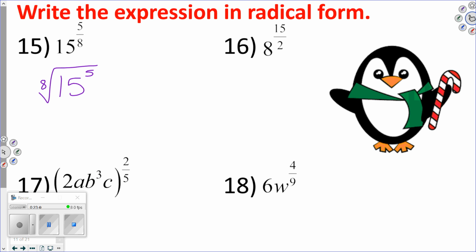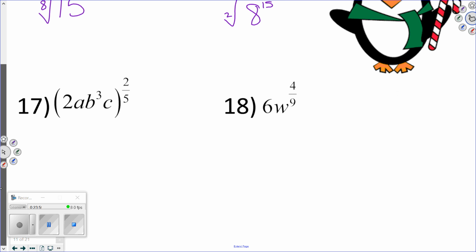You said that perfectly, by the way. Very nice. 16, Paige. Beautiful. Do I have to put the little 2 in there? No. Is it a good idea to maybe make that part of your routine, though? Yeah. You want to answer 17? All right, Dakota, 17.